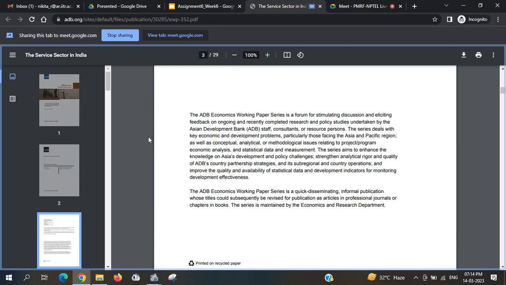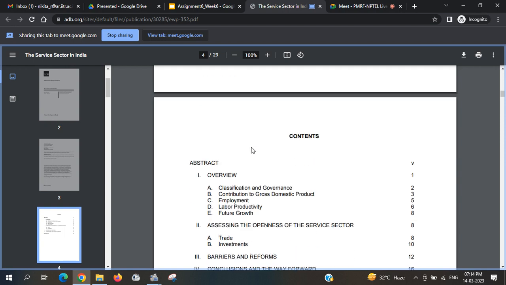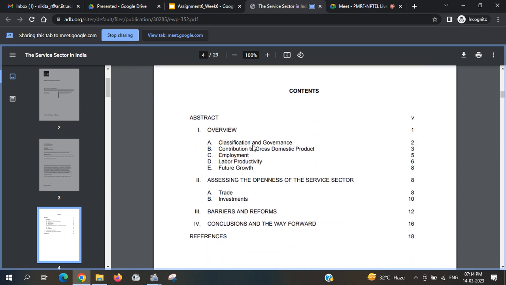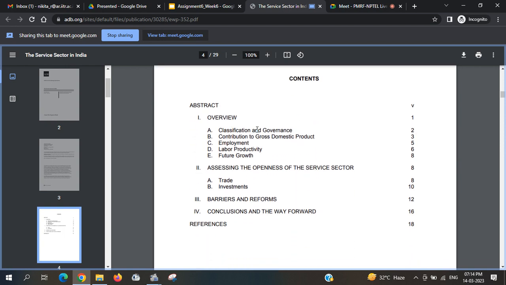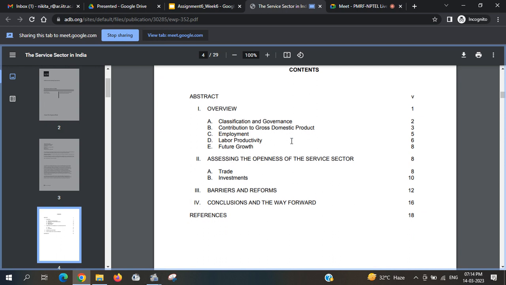This is the paper which I am talking about, the working paper. If you want to see how the service sector in India has progressed over time and read further, you can go on to this link and read it for yourself.